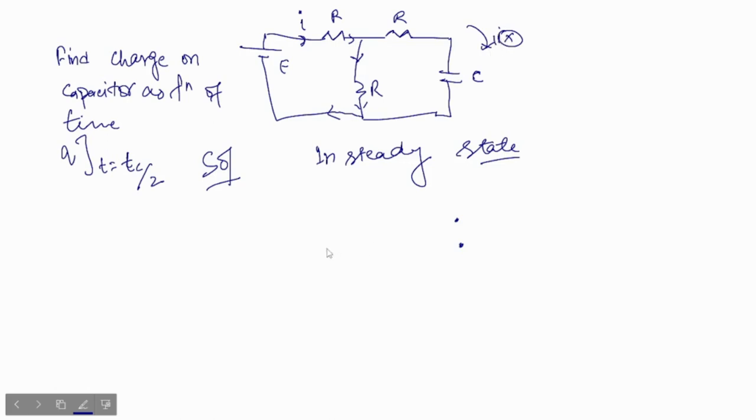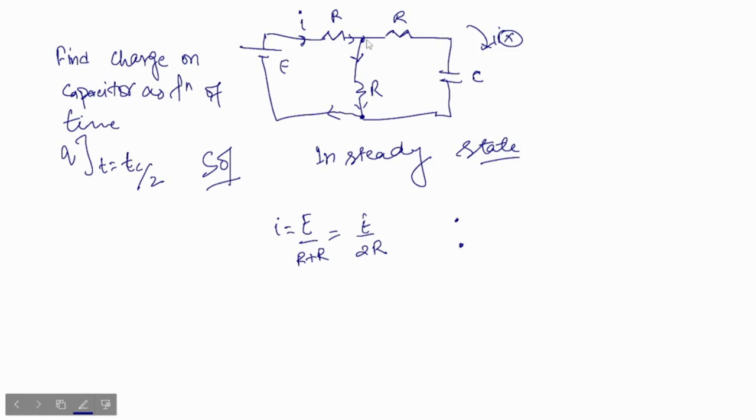So the current will be E upon R plus R, which is E upon 2R, right? And the potential difference across this will be VA minus VB.